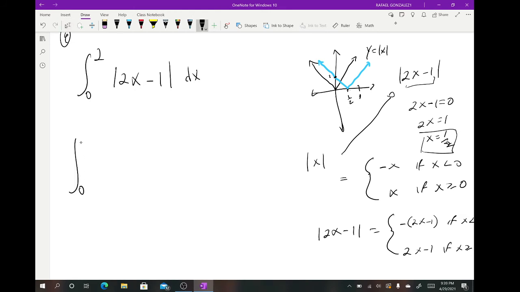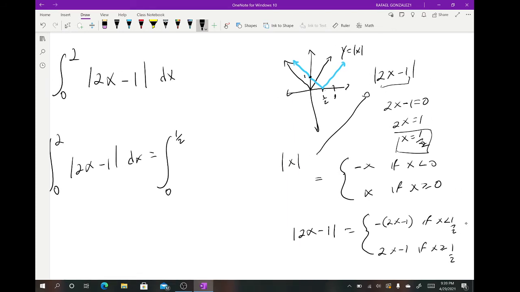So now we have the integral from 0 to 2 of |2x minus 1| dx being equal to the following. It is equal to the integral from 0 to 1/2. Remember that theorem that we had where we could divide the interval into subintervals? We're going to apply that here because now we have a cutoff point for our piecewise function, which is 1/2.